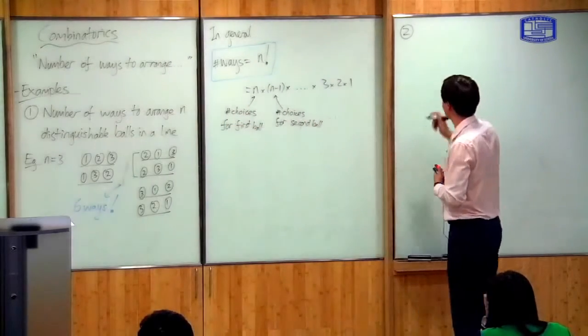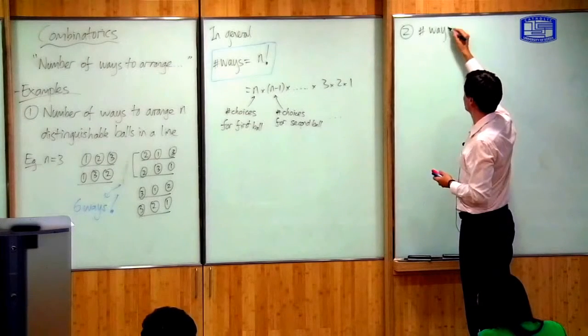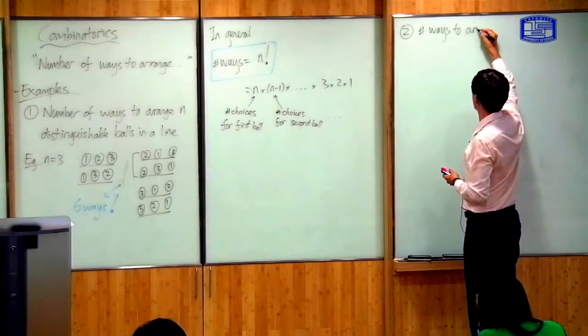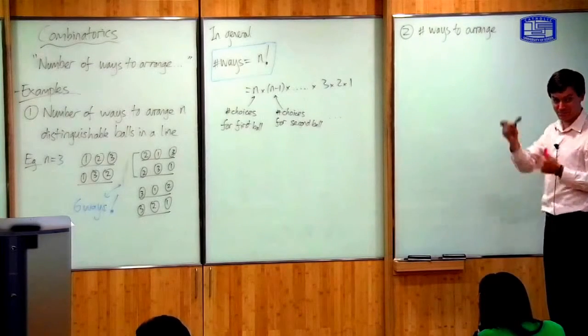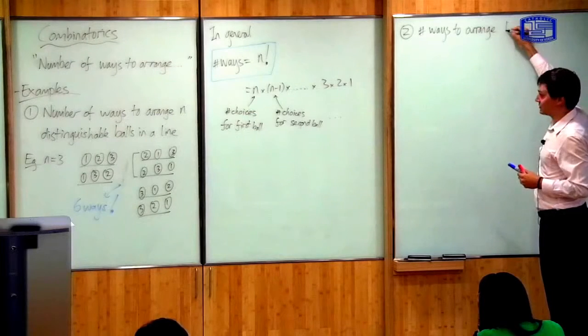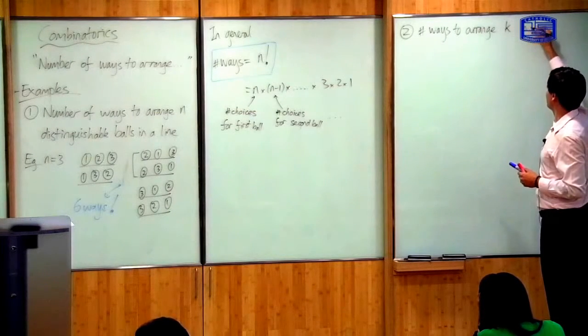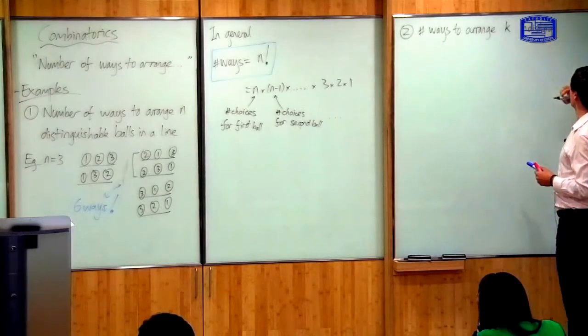So in this case, I'm going to want to calculate the number of ways to arrange. So I suppose I'm going to have k blue balls. To arrange k, and these are all indistinguishable. I can't tell the difference between them.